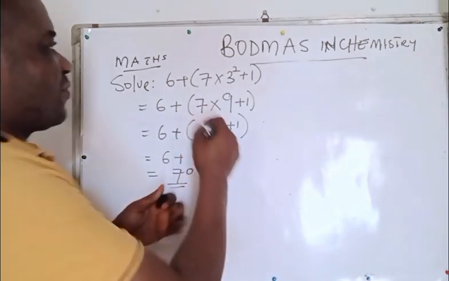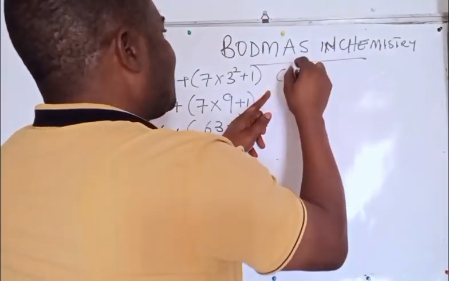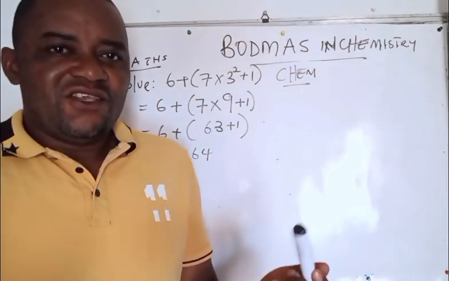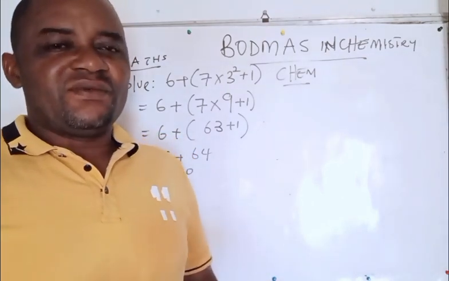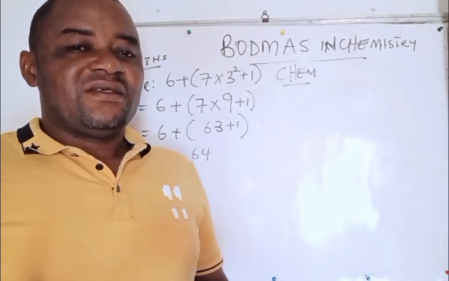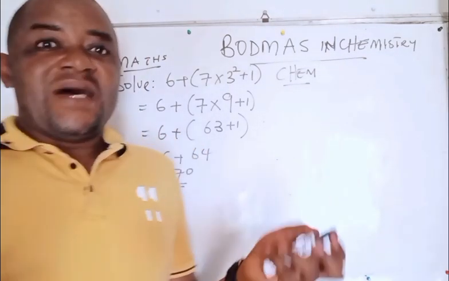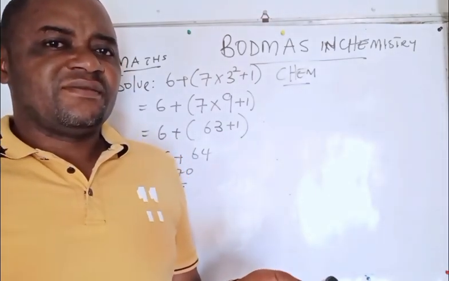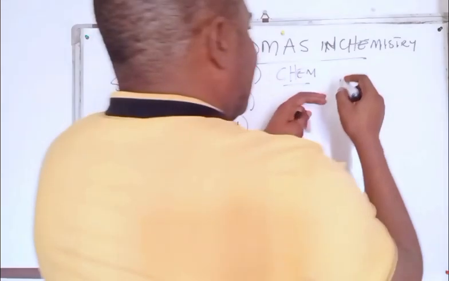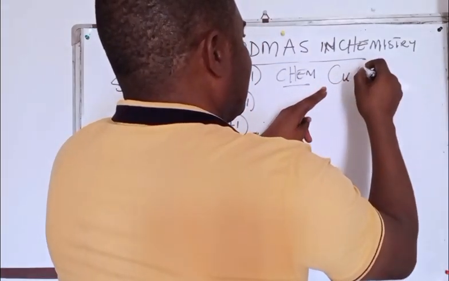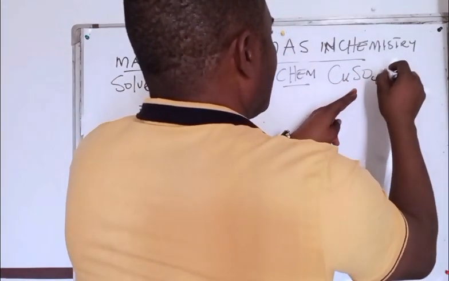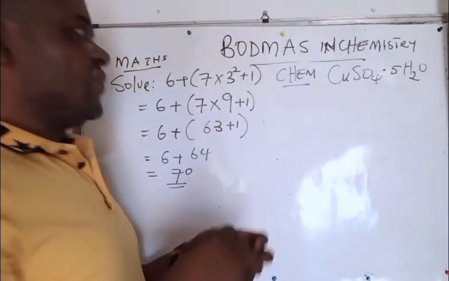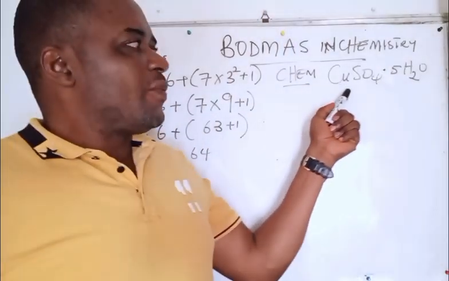Now how do we apply BODMAS in chemistry? Let us say this is the chemistry aspect of it. You are asked in chemistry, for example, to calculate the molecular mass of hydrated copper sulfate. Hydrated copper sulfate is written as CuSO4.5H2O.